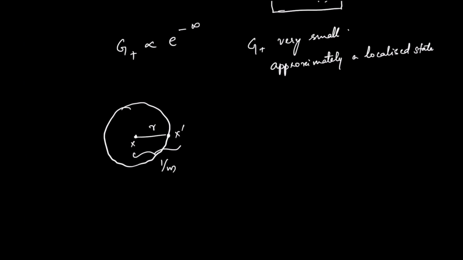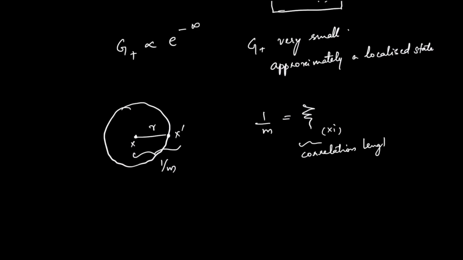So if these two points are separated by more than 1 by m, then the overlap becomes very small. So we call this 1 by m as psi. So this is known as the correlation length.